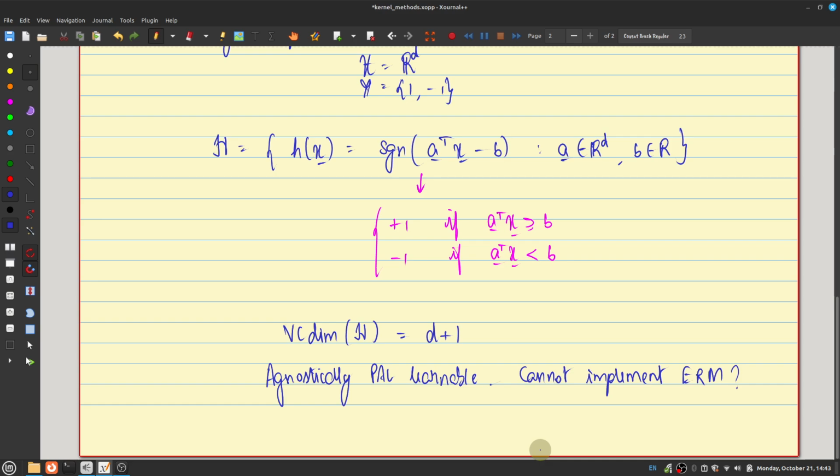One ERM was to choose the smallest bounding box for all of those labeled 1, or you could take the largest bounding box outside which you have all of those which are labeled 0. Both of them are valid ERMs, and really you can't say which one you should choose over the other.